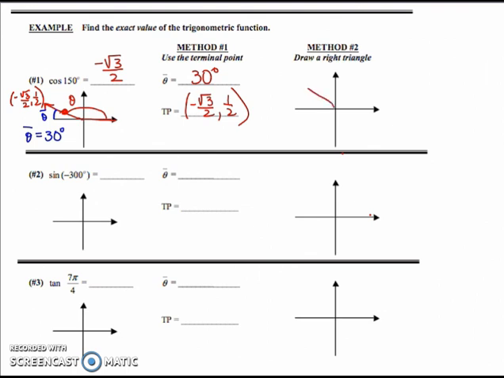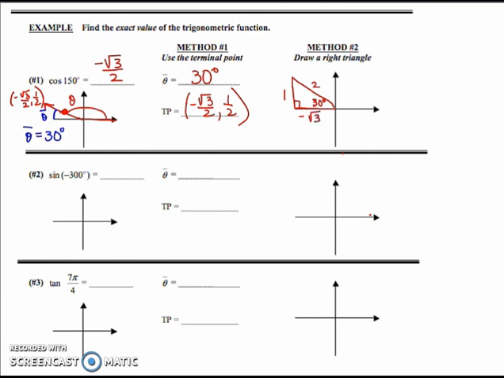So if we draw the triangle here in the second quadrant, here's our right angle. We know that this angle right here is 30 degrees because that's going to be our reference angle that we already found. And if we use our special right triangle relationships, we know that this side is 1, the hypotenuse is 2, and this leg here is negative square root of 3.